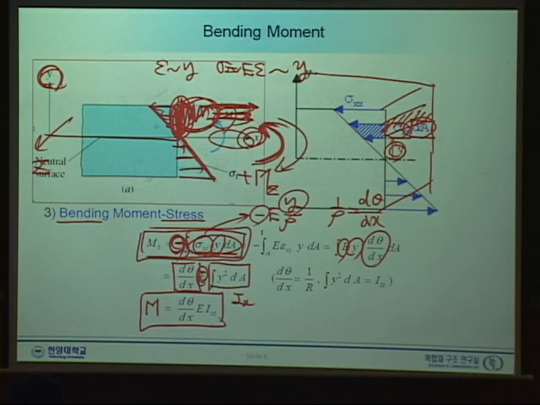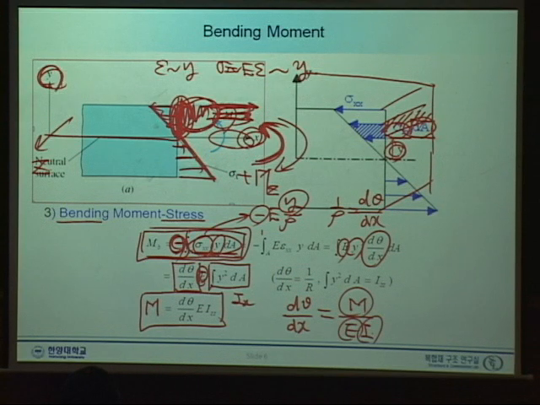And what is unknown here? Well, unknown was d theta dx. So this is given EI. Okay? On the right-hand side, they are all known properties. M is the applied force, and E is the material property, and I is the cross-sectional property.